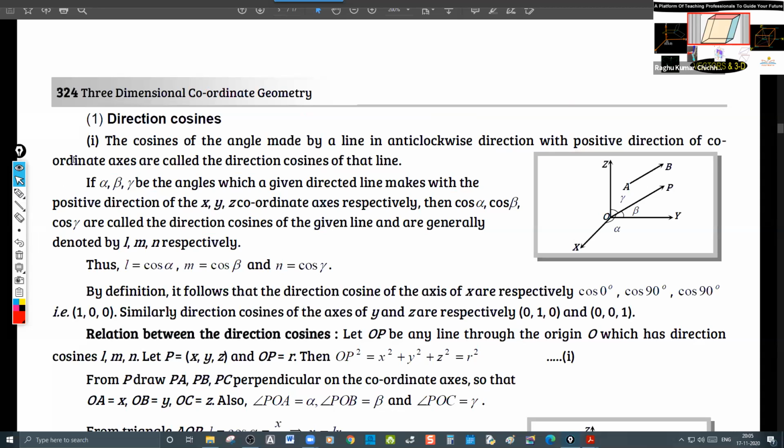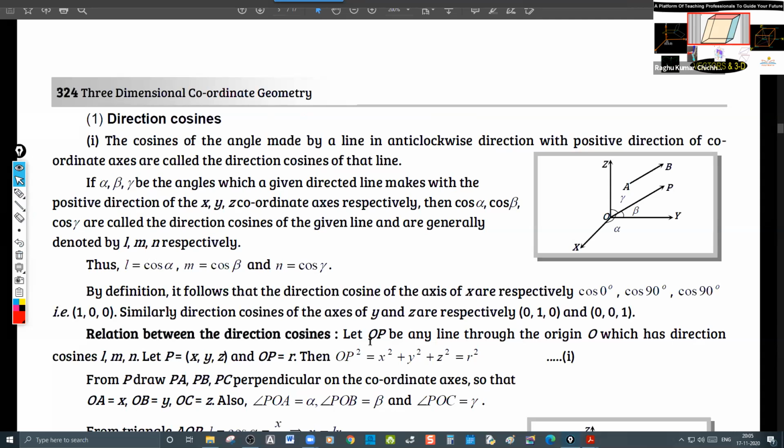Okay. Now, if you take the lines OX, OY, OZ, we understood their DCs, which are known as the coordinate axes. They are nothing but 1, 0, 0; 0, 1, 0; 0, 0, 1 respectively.